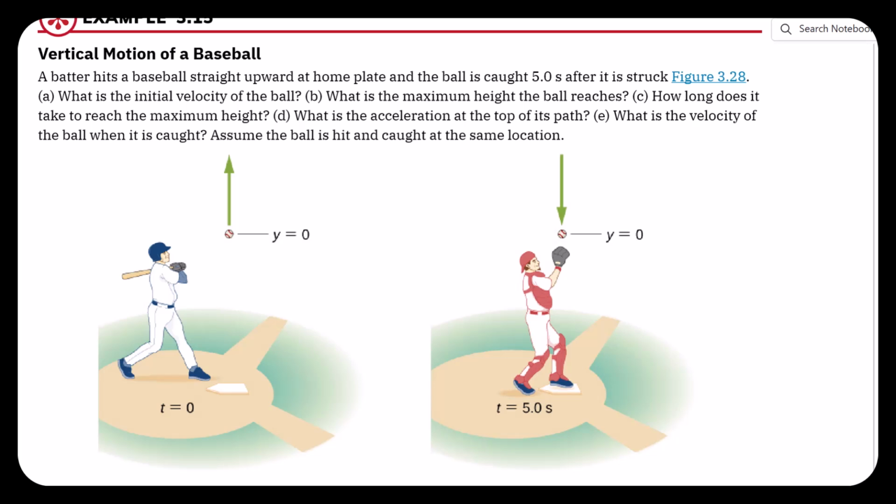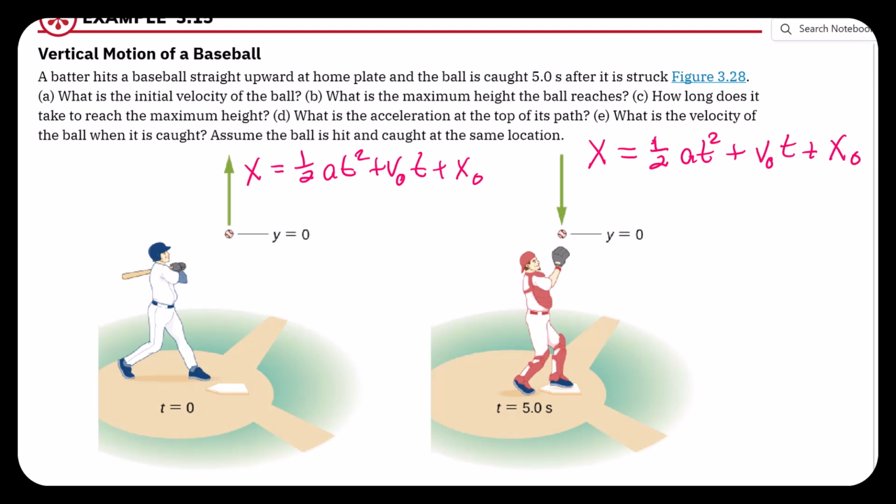So we've got x equals 1/2 at squared plus v naught t plus x naught, and that's for both going up and going down. I don't know why I'm writing this twice. I just feel like I need to, because I'm trying not to look at these before I do them.